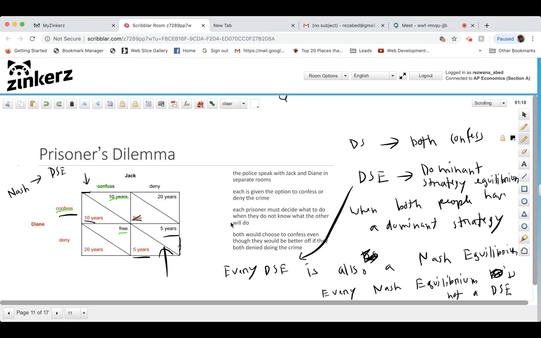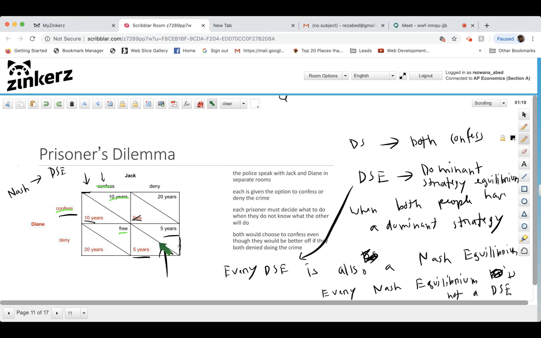So this is the dilemma with this situation, where the way this matrix of payoffs is set up always leads them to choose to confess or defect, trying to protect themselves at the expense of the other person, not trusting the other person, and they never cooperate even though it is mutually beneficial for them to cooperate and get a lesser sentence.